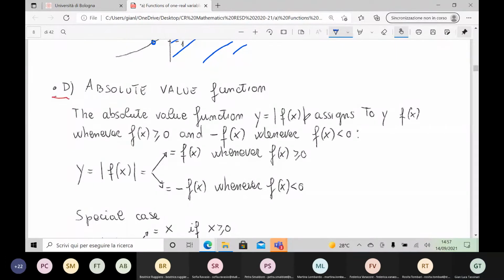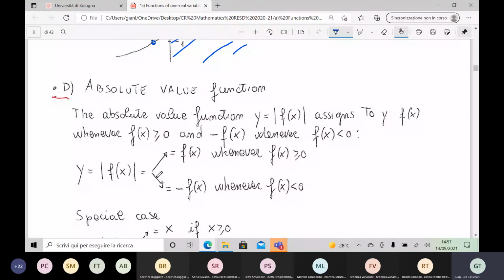In particular, here I provided the definition. Y equal to absolute value of f of x is equal to f of x whenever the function inside the absolute value is positive. So for all x that make f of x positive, the absolute value tells you, I like positive things, so I keep f of x as it is.